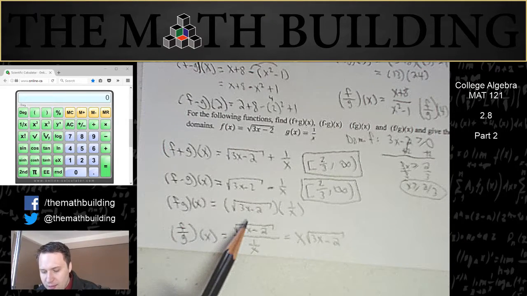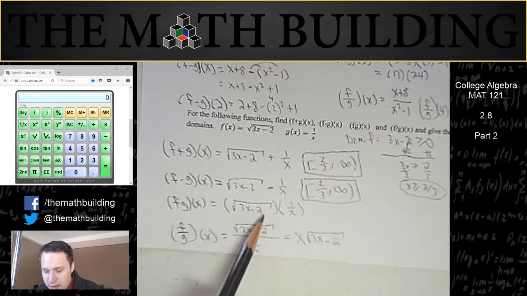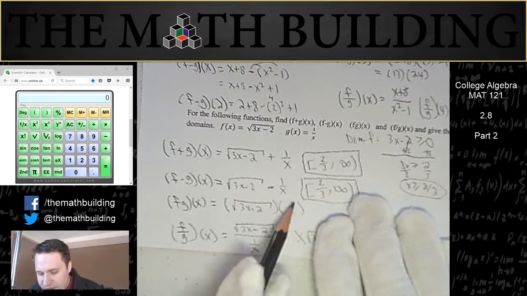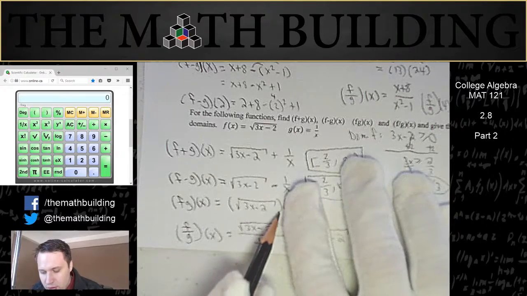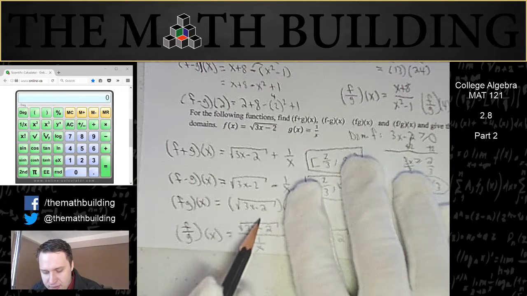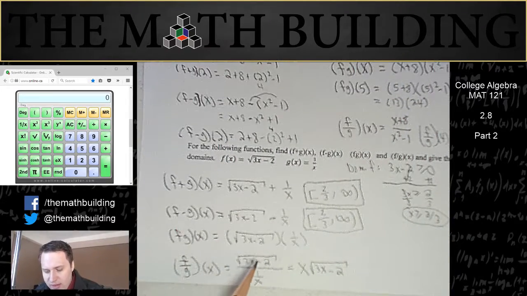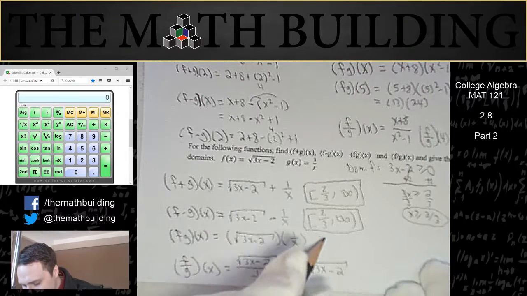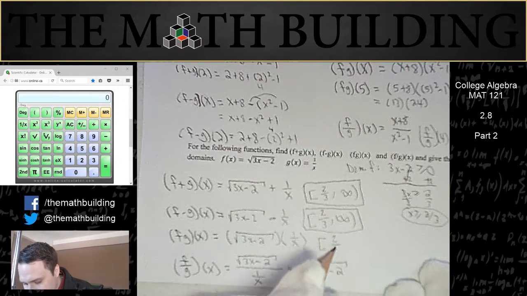Does multiplying them make a difference? Nope. We still have x in the denominator. If you didn't want to put 1 over x here, you could have divided this whole thing by x. So we still have x can't be 0, and x has to be bigger than 2/3. So again, the domain's the same thing.